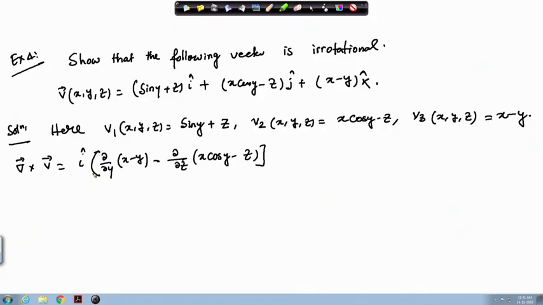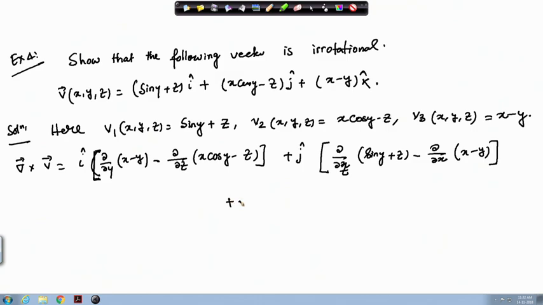We can use the bigger bracket, times i, and then we have del z of f1, which is sin y plus z, minus del x of f3, which is x minus y, times j, plus k times del x of f2, which is x cos y minus z, minus del y of f1, which is sin y plus z.